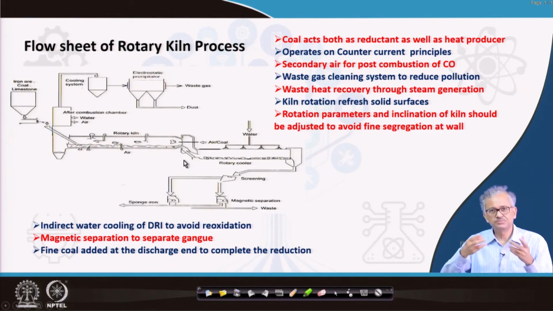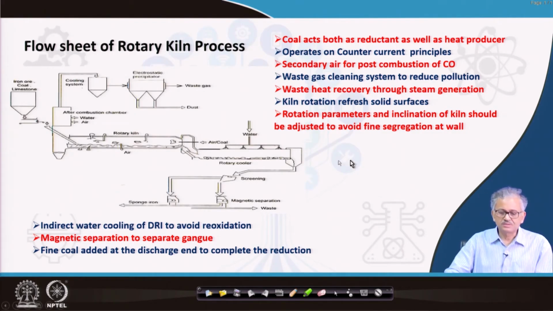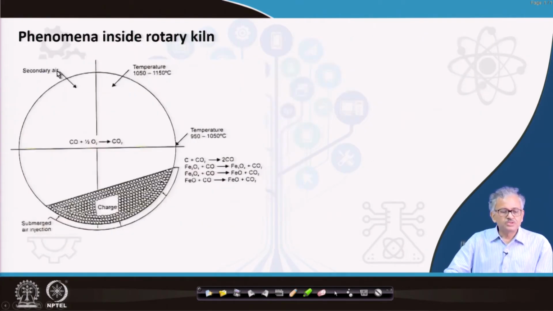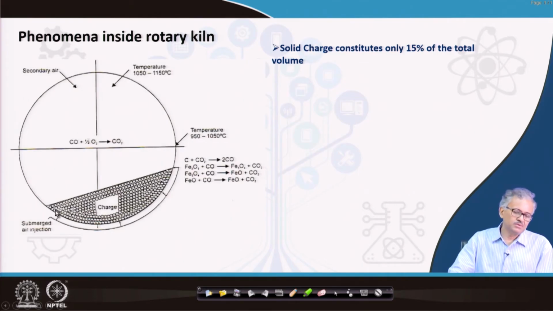As a result, metallized iron will be separated from the gangue. And some fine coal is also added at the discharge end to complete the reduction. If you give fine coal, the surface area will be higher, so whatever reduction is pending, you can carry out at a much faster rate.